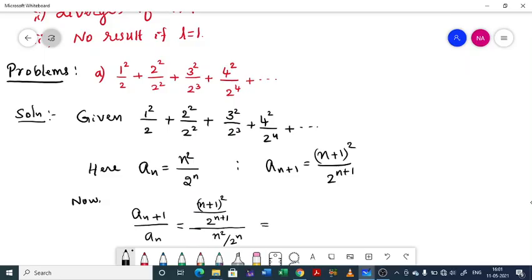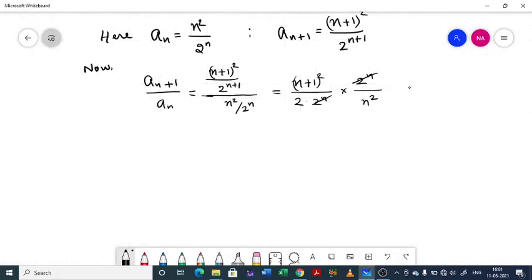See, it will actually be (n+1)^2 divided by 2^(n+1), which means 2 into 2^n, into 2^n divided by n^2. So 2^n gets cancelled.